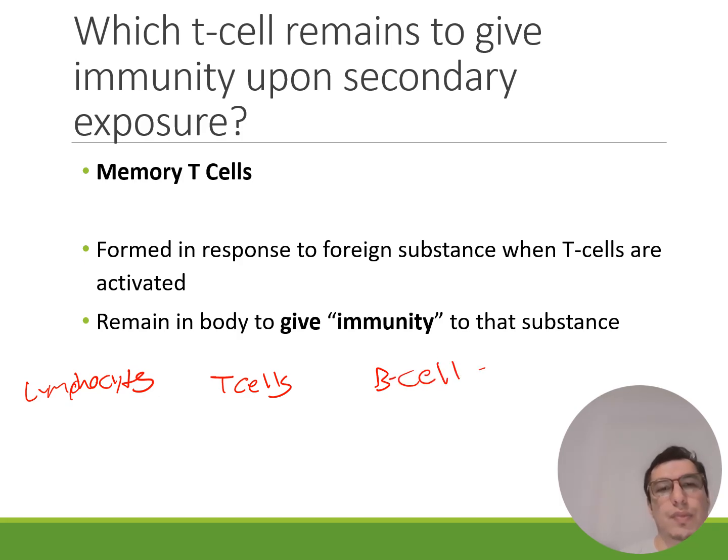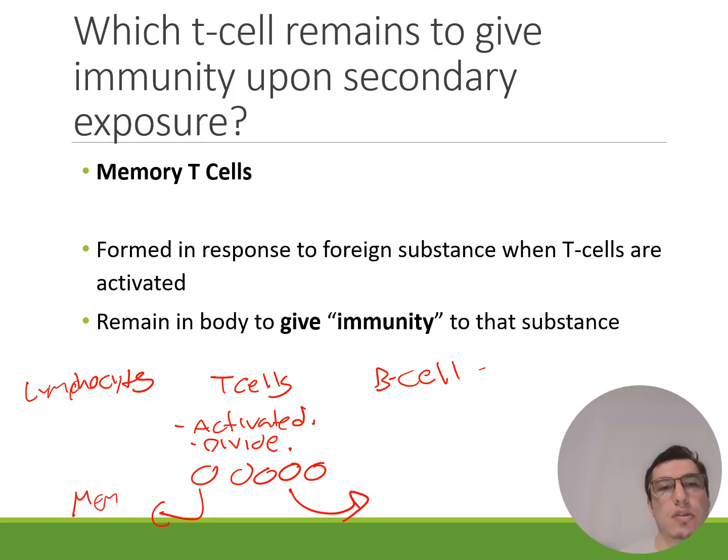So once T cells become activated by antigen presenting cells, so we're going to put in here activated, they go on to stimulate other cells, but they will divide first. And then out of those divided cells, a great portion of them will go on to their task, but some of them will go on to become memory cells that will remember that immune response so that when they become activated, they will work quicker.